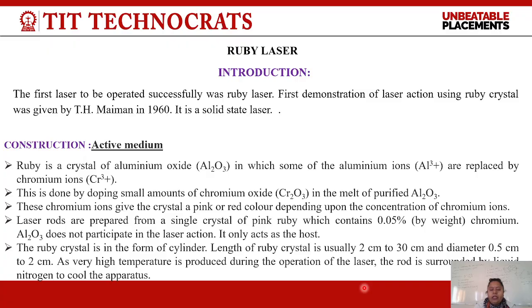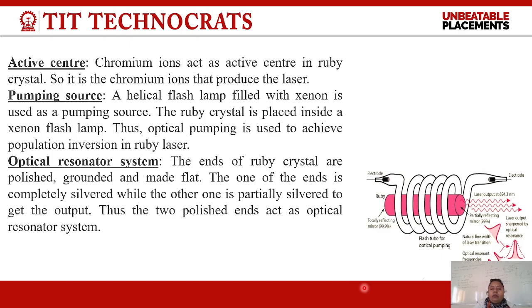These are very typical values of the ruby laser. Now the ruby laser operates in very high temperature surroundings, so we have to cool this apparatus with the help of liquid nitrogen. Okay, so this is all about the active medium.